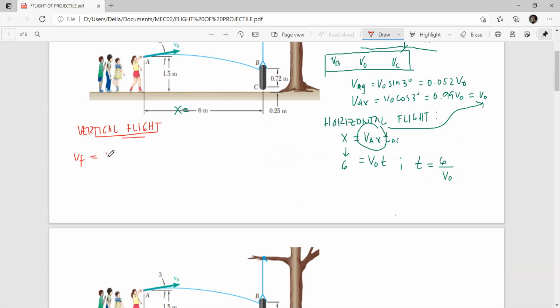Final velocity equals initial velocity minus gt, or final velocity square equals velocity initial square minus 2gh, or final velocity square, sine square 3 minus 1962.